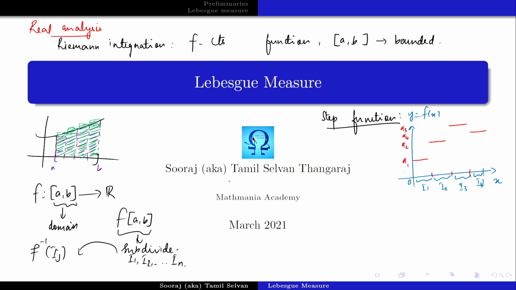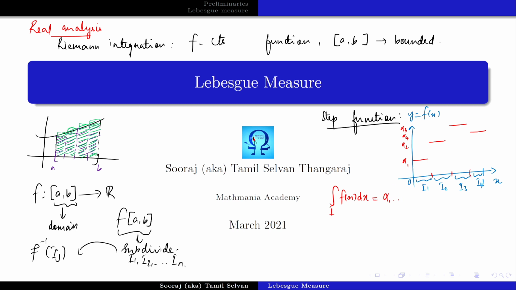If you try to integrate this over the entire interval I, which is from 0 to 1, what do we do? This is the length of this interval. I don't know what the length is, so let me write it as L of I1, the length, which is to be multiplied with the function value, supremum value or infimum value. Here the function value is alpha 1 itself.